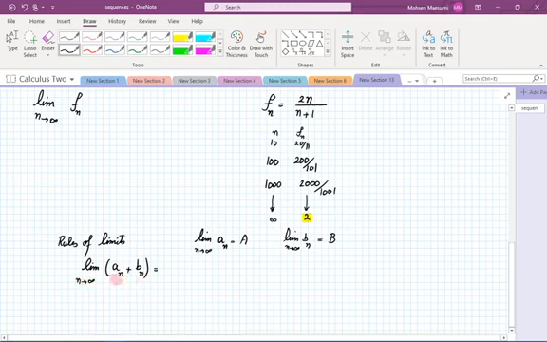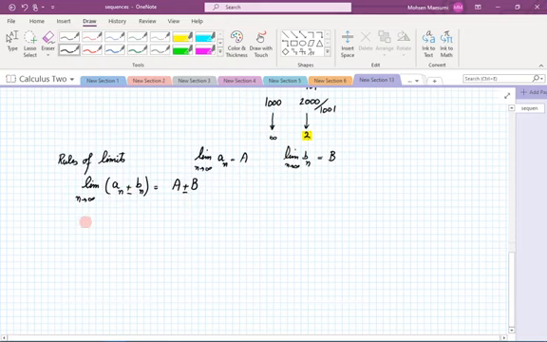Well, it's almost instinctive, even though it requires a proof: the limit of the sum is the sum of the limits. That is, a_n goes to A, b_n goes to B, and the sum is just the sum of the two limits. And if you were doing subtraction, it would be subtraction of the two limits.